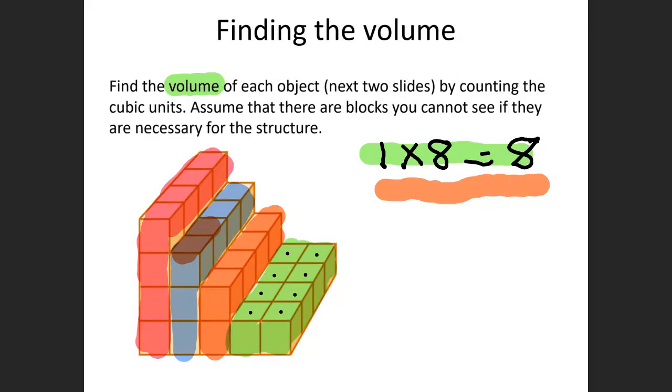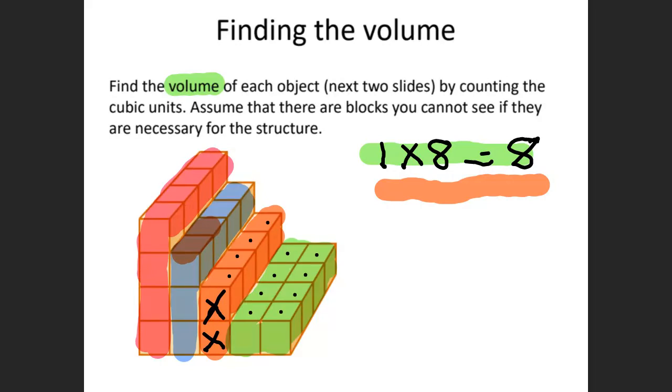Now the orange, we're going to go to the top and we're going to count. 1, 2, 3, 4. But notice I'm putting X's over here. We have 2 layers.